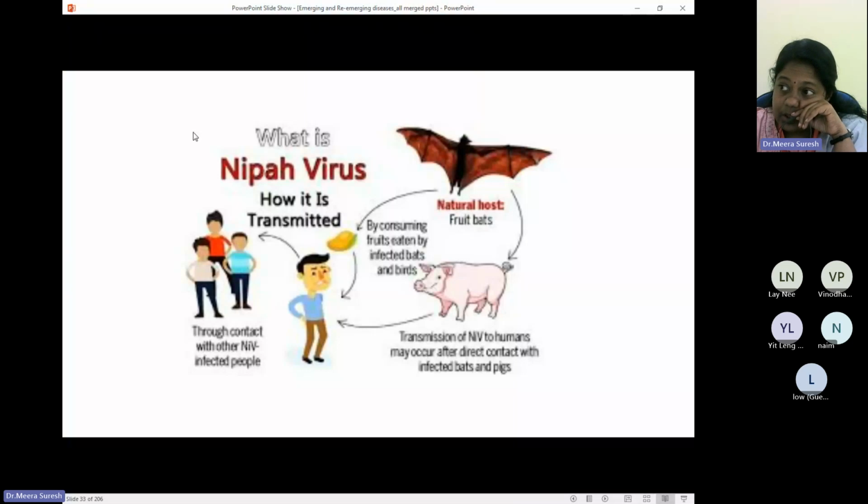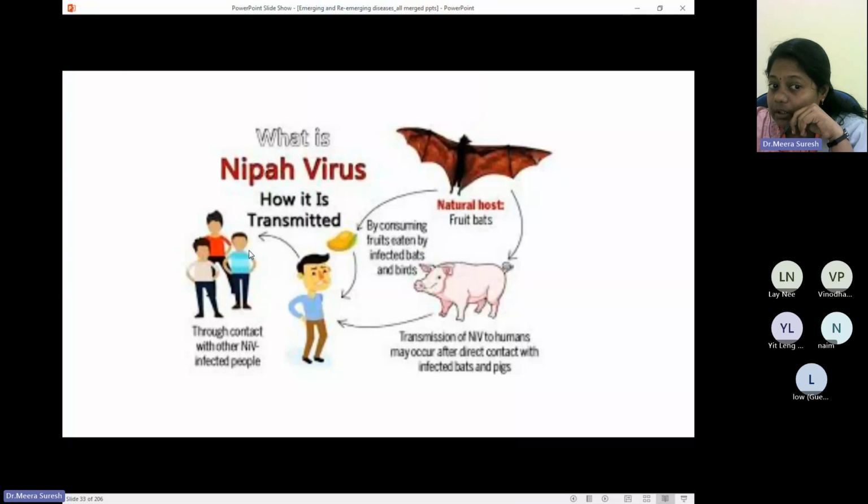And this Nipah virus actually happened in the early 2000s, I think, and that was the first time it happened in Malaysia, in one of the areas in Malaysia itself. People who were dealing with cattle farming or pig farming had this infection.